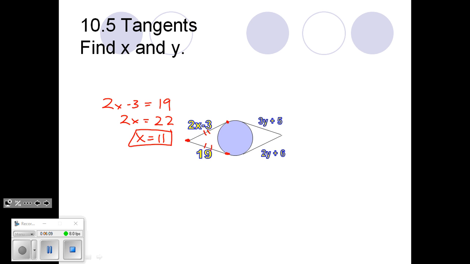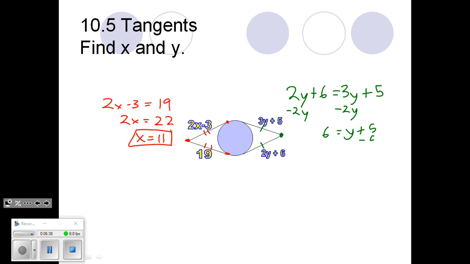And on the other side, we'll do that one in green. Again, from this point out here, this length has to be the same as that length. Set the two sides equal to each other, subtract the 2y, and we get y plus 5 is equal to 6.